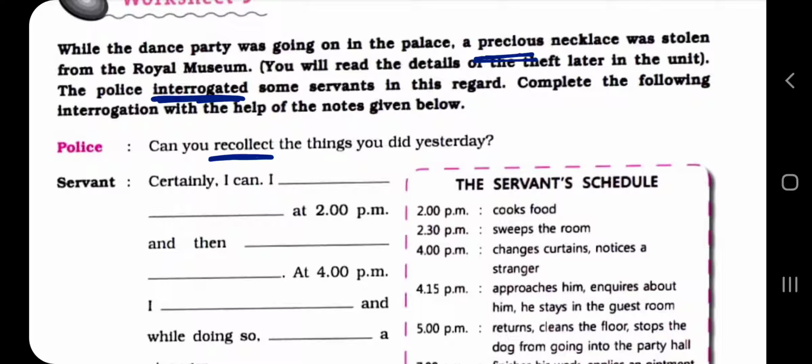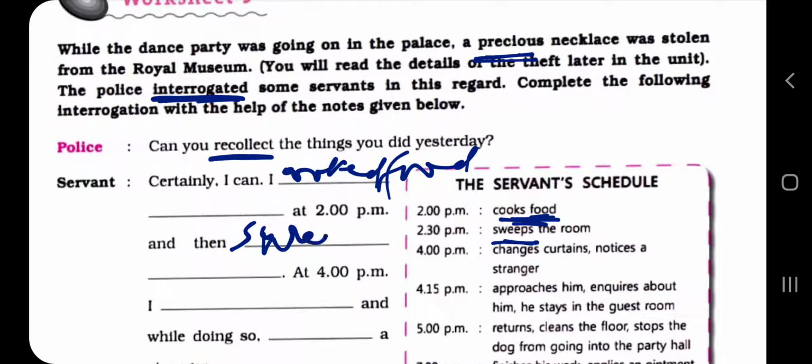Certainly I can. I cooked. Now you have to take help from this clue box. I cooked food at 2 p.m. and then swept. It is all about past action, so the past tense is used.